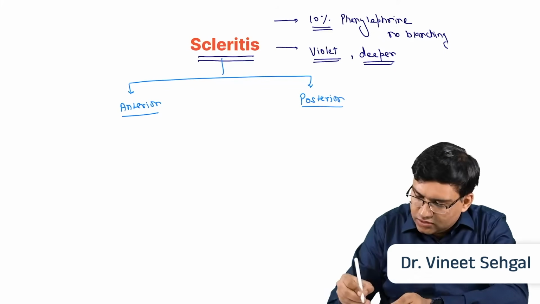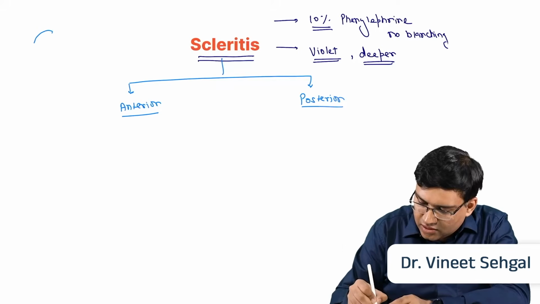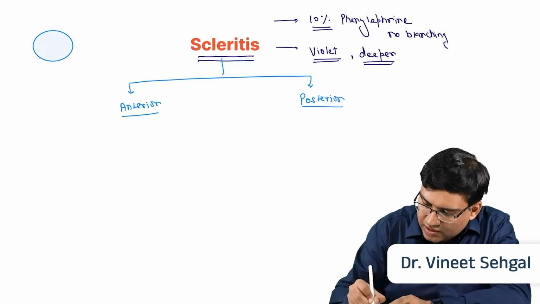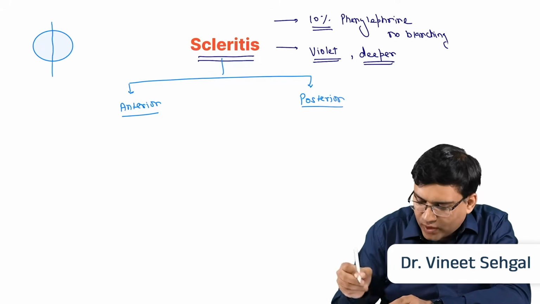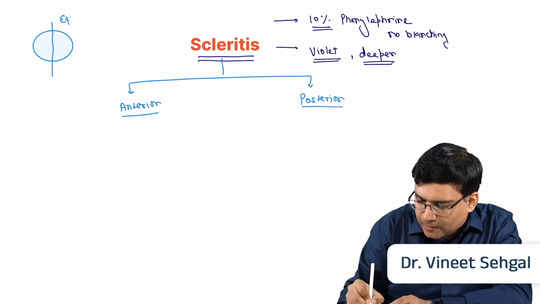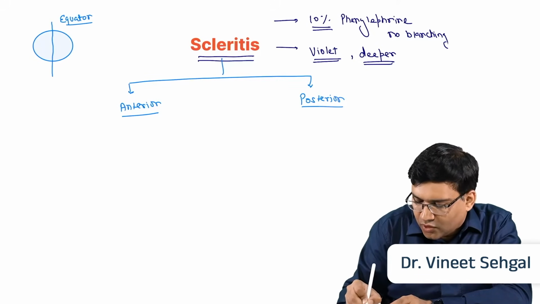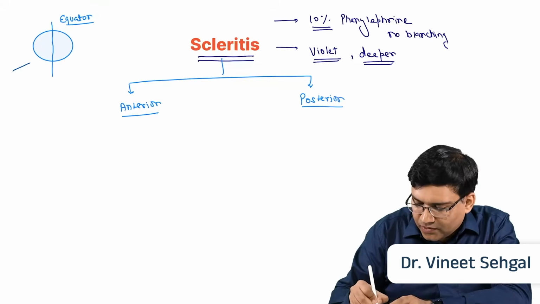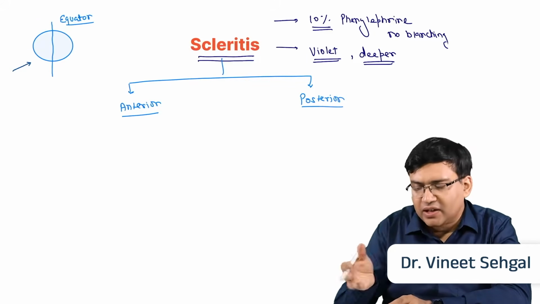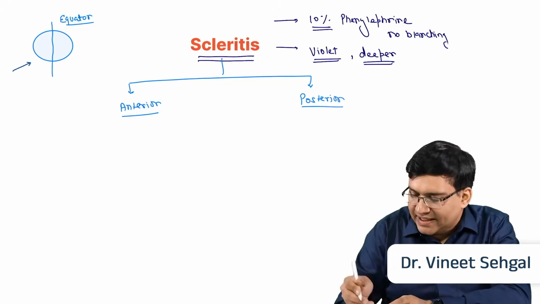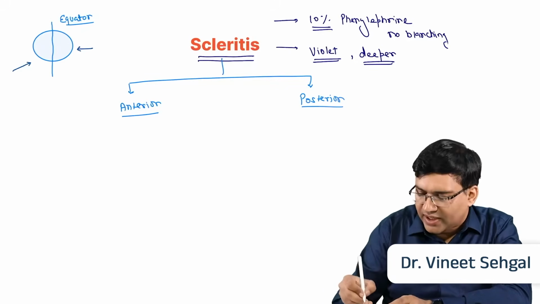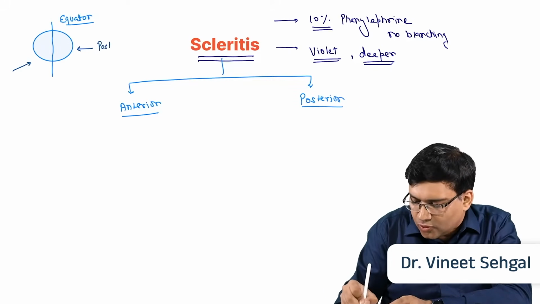So let's say this is my eyeball, this is the equator. Inflammation that is anterior to the equator, I call it anterior scleritis, and the inflammation of sclera which is posterior to the equator is called posterior scleritis.